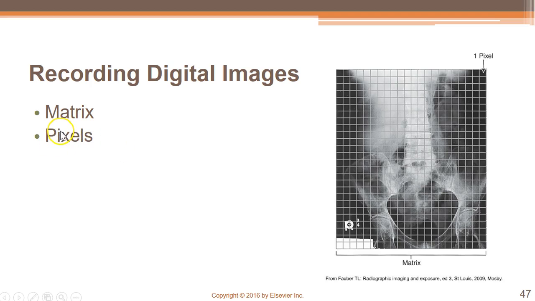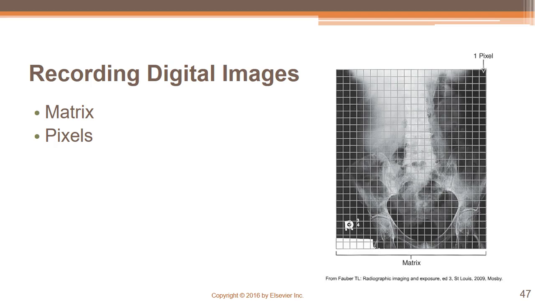That stands for picture elements. So a recording matrix is made up of a bunch of pixels, and each pixel is recorded as one single numeric value, which is a single brightness level on a display monitor. And the location of the pixel within that matrix corresponds to an area of patient volume of tissue.